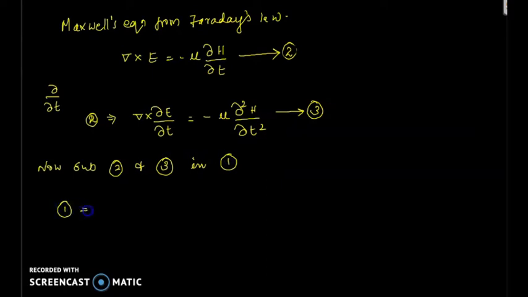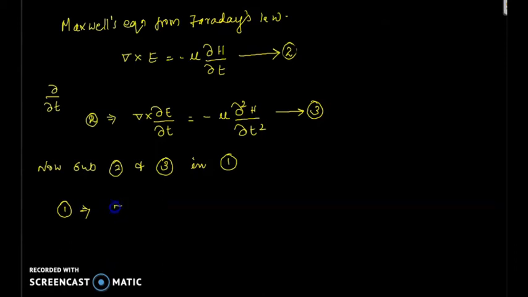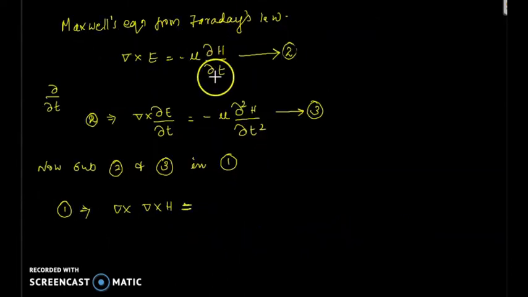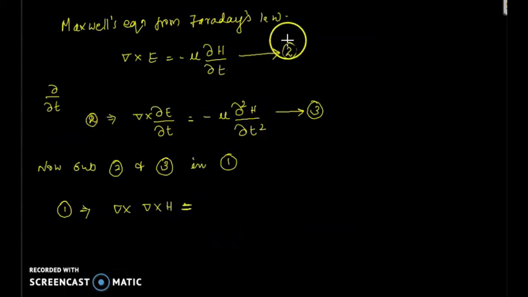So 1 becomes, the expression of 1 is curl of H is equal to, the first term is replaced with equation number 2, is sigma minus mu sigma.